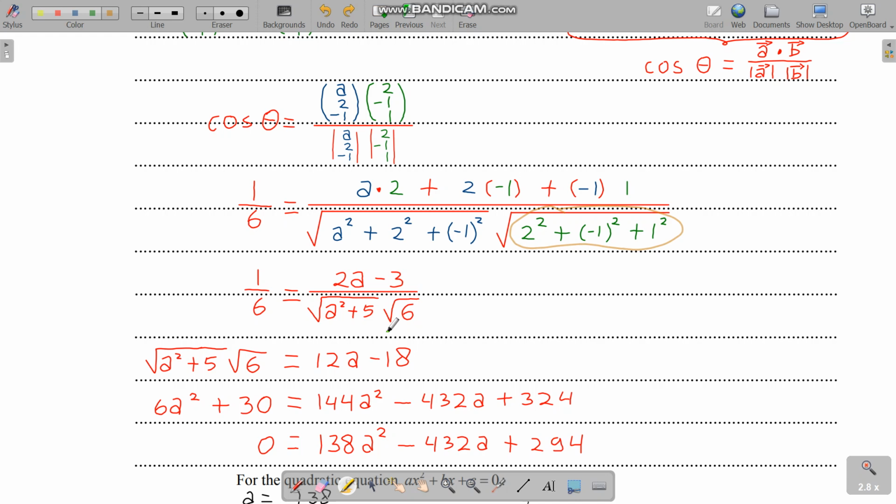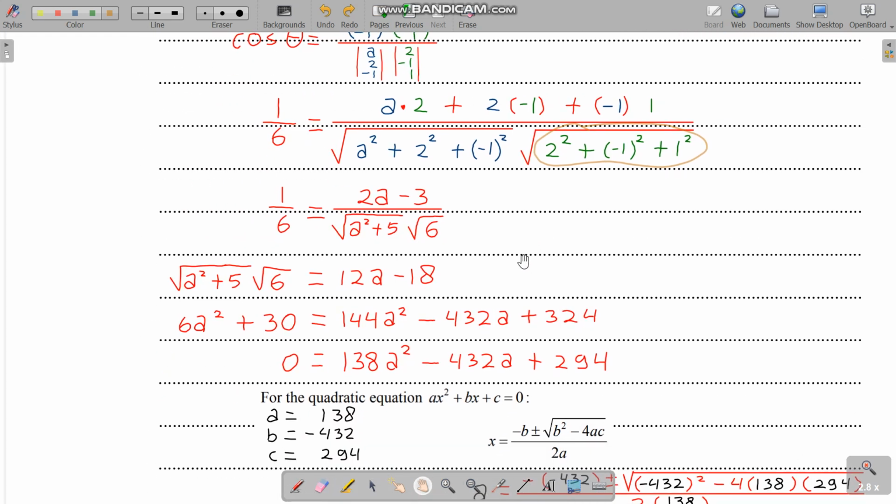And then we are solving for a here, so we can just cross multiply. So 1 times this, that's what we get, and 6 times this, we have this, and then we square both sides, so we lose the square roots and we have to square the right hand side here.